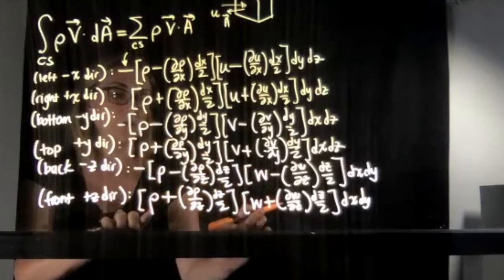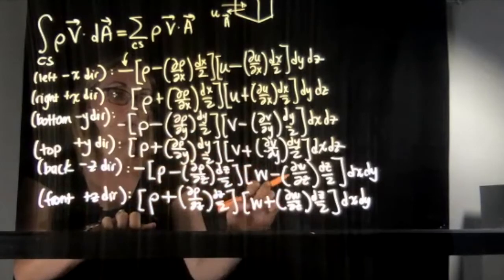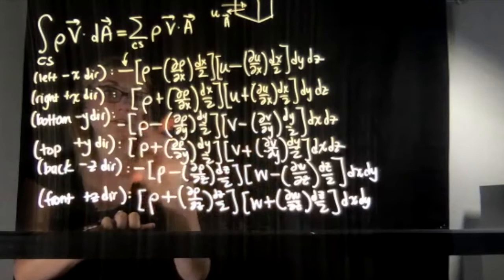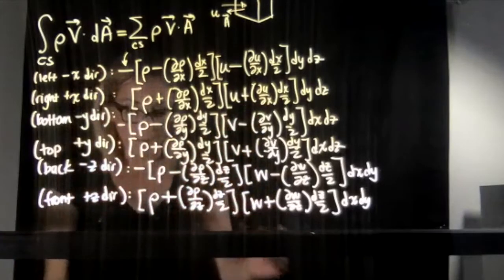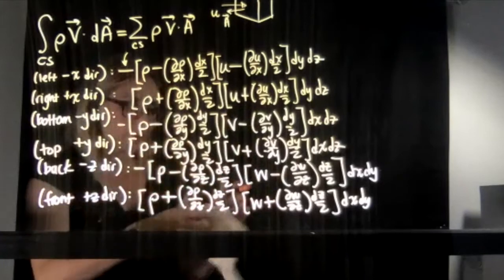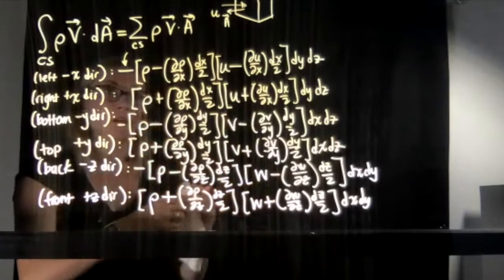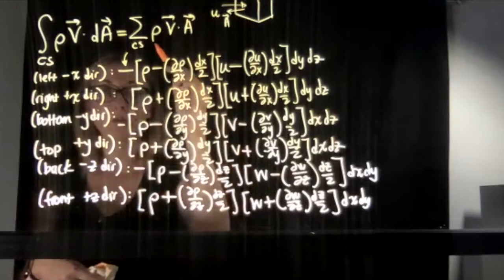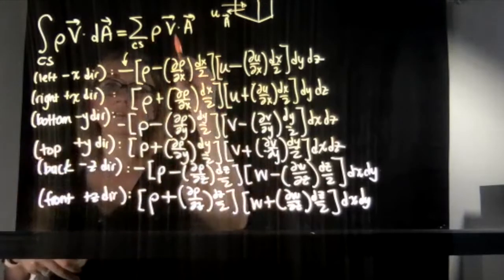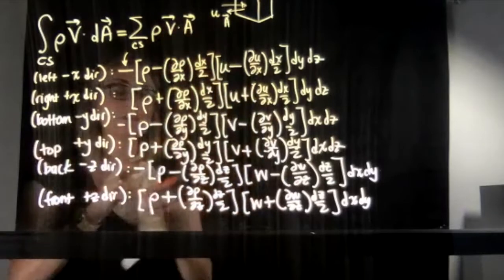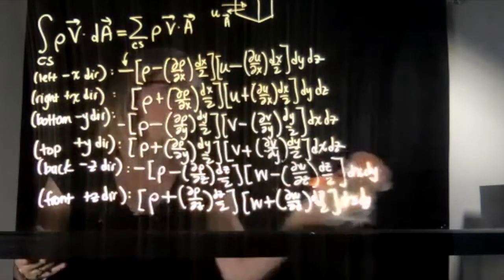So rho w, negative rho w, rho v, negative rho v. These terms are all going to cancel out, and we get a much simpler equation when we combine these terms. So we're adding them all together because, remember, we're assuming uniform flow at all of these surfaces, and we're adding them all up, just like how we did in the integral analysis.